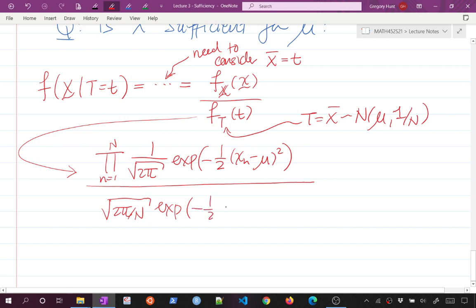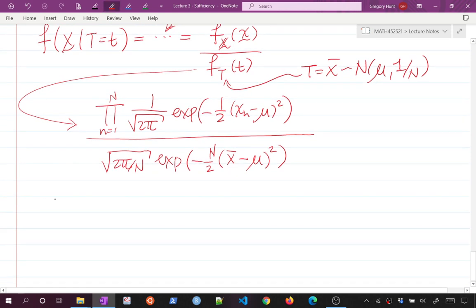Exponential negative 1/2, x bar minus mu squared. And I'm missing something, right? No, it should be n at the top, right? It's 1 over 2 sigma squared, which is n over 2. Okay, I think that's correct.